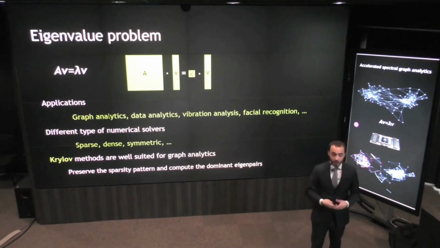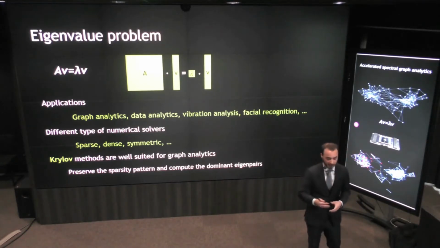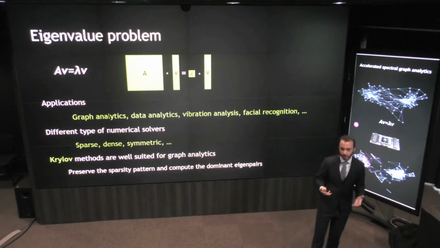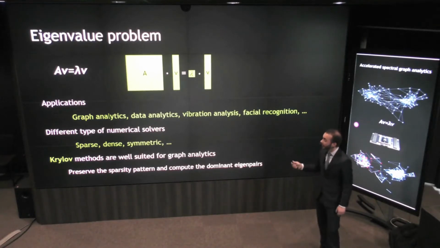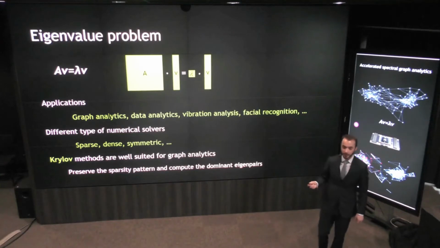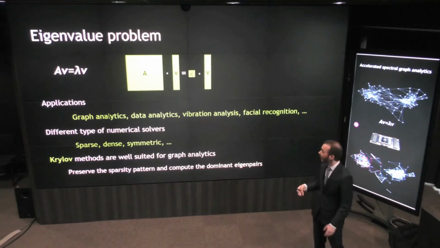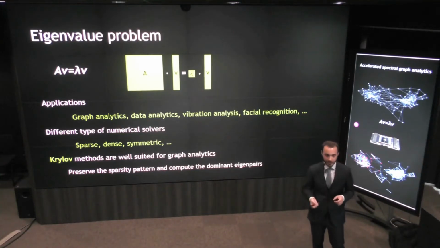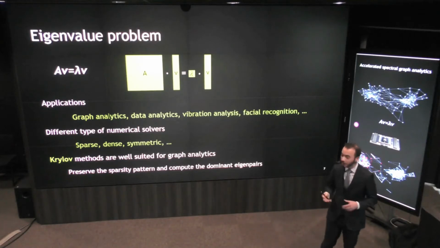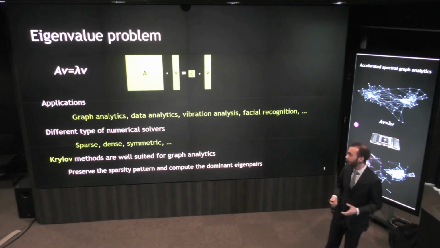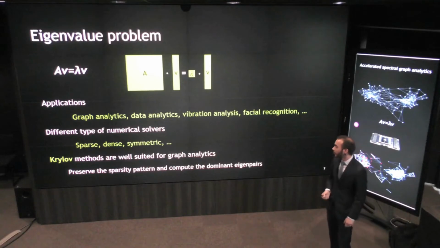Also, there are a lot of different types of eigensolvers. It's not like we have one eigensolver that can solve everything. So in this case, since we have very sparse matrices and we cannot afford any fill-in in the matrix, so we don't want to change the sparse pattern because that would dramatically increase the memory requirement, we will use Krylov methods.